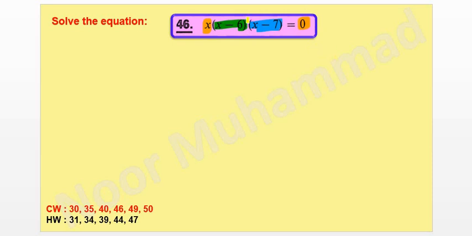So it means I do not have to bring anything from the right side to change it into standard form. This side is 0, and this side is already factorized. All these are factors.